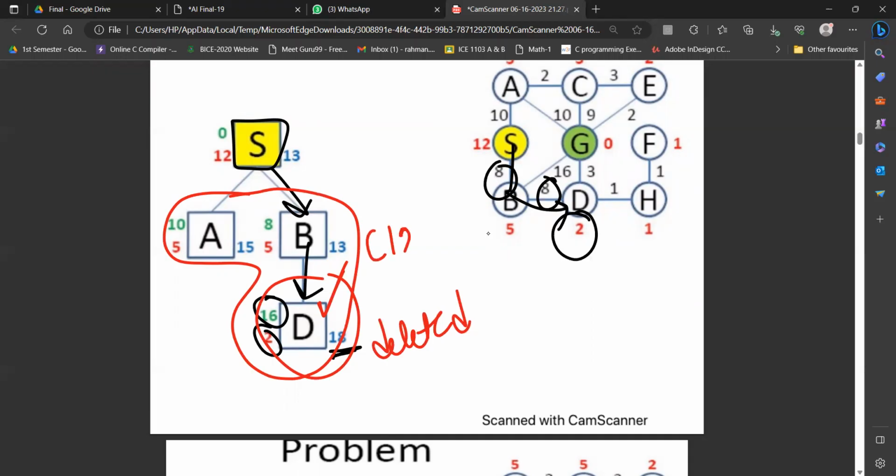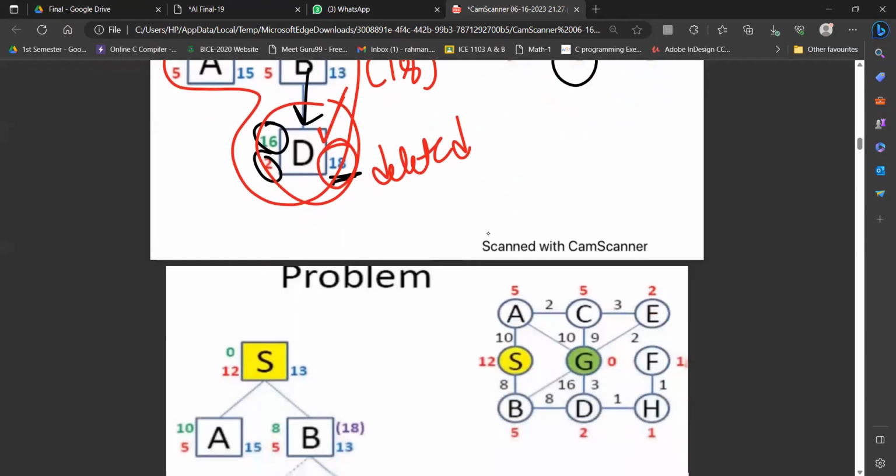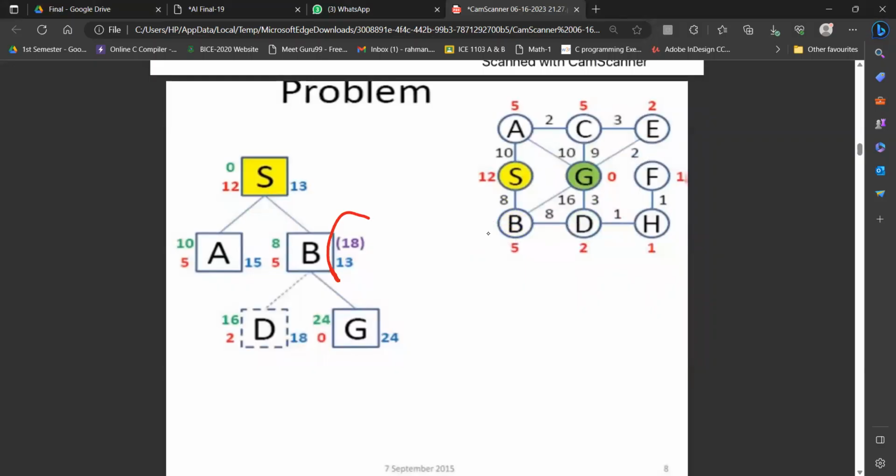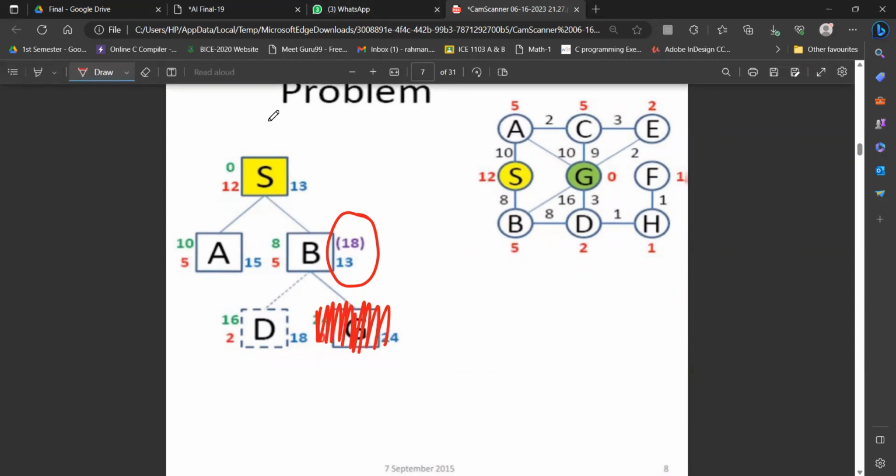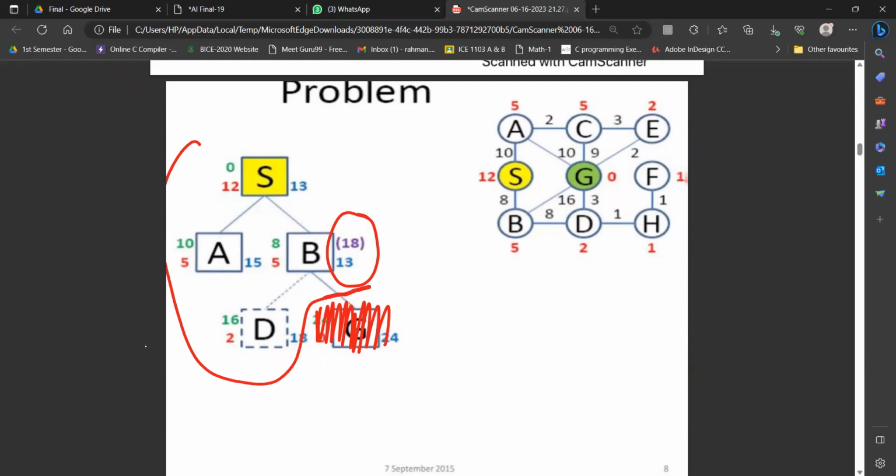So in bracket, we write the F value of D, 18. So as you can see, this is how it looks, right? Forget about this for a while, we'll talk about this later. Just imagine that this doesn't exist for now. This is the picture for now. The box here just represents that D has been deleted.